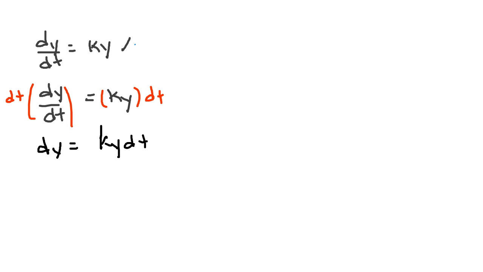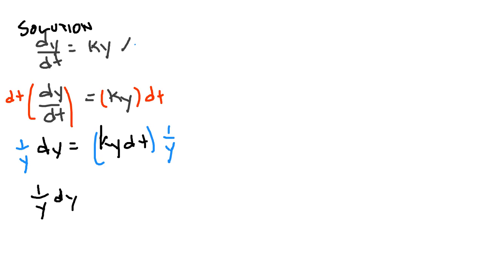And now what we'll do is we'll multiply both sides by 1 over y. And when we do that, we'll get 1 over y. So we're doing the solution here. This is the solution. Okay, you can write it in your notes. 1 over y dy.